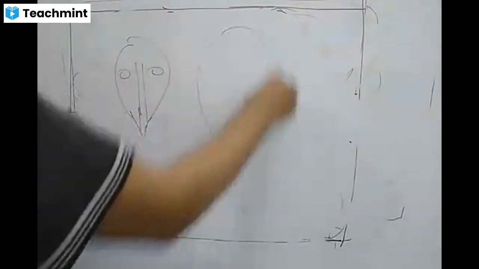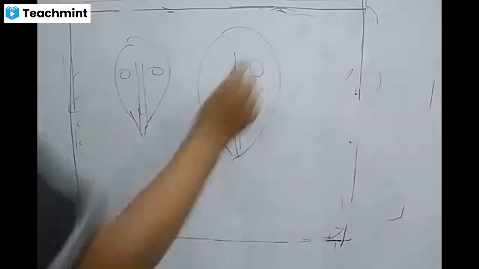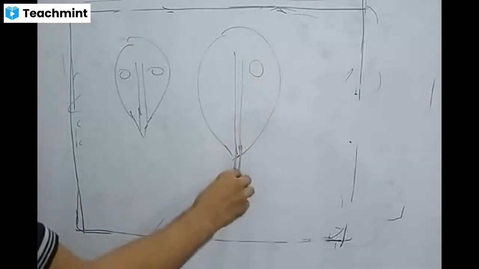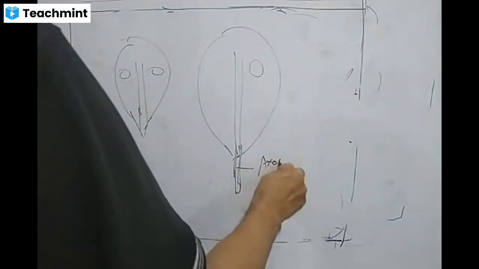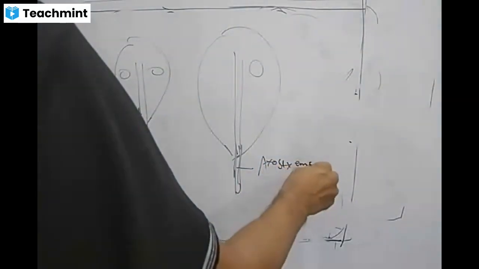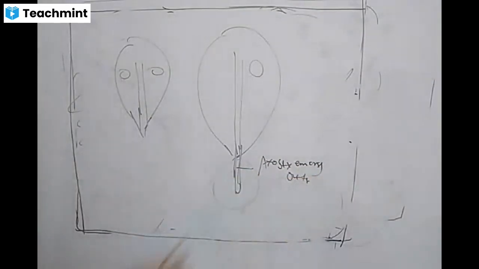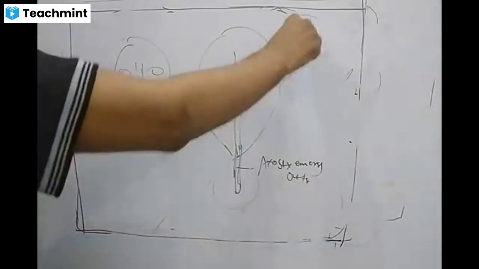But in case of T fetus, there is one nucleus, and the exostyle moves a little bit outward. So we call that the exostyle emerges outside. This is the difference between your Giardia and the Trichomonas fetus.